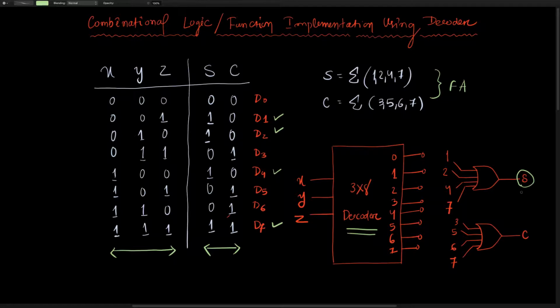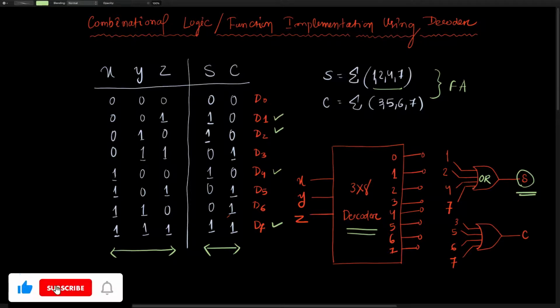So you just add them all together using an OR gate, and you will get the respective function implemented at the output. You just have to connect the respective outputs to this OR gate.